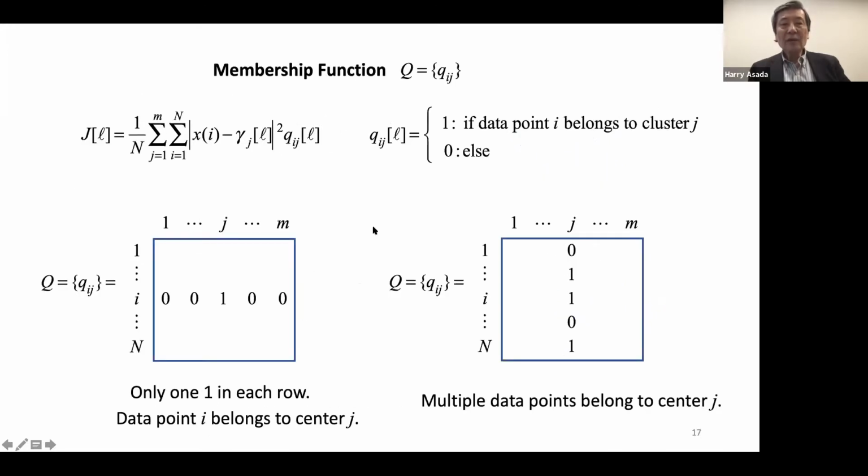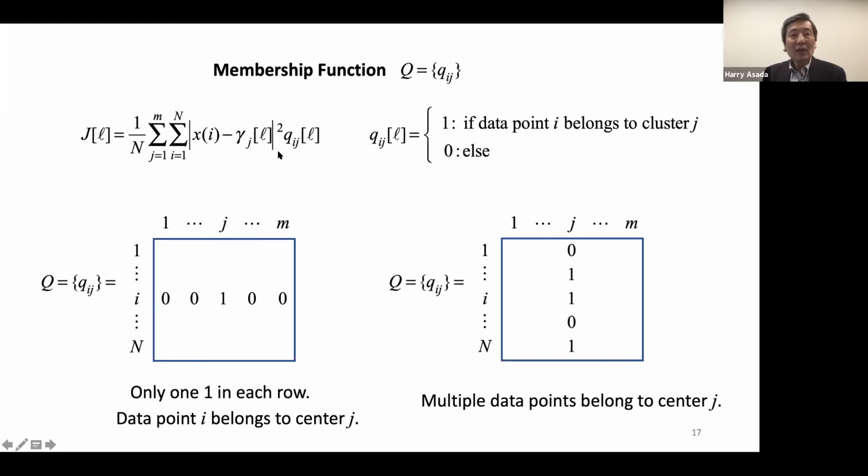Now a little bit about computing things with membership functions. Let me explain a bit more, to show how you implement this kind of algorithm in computer code. We wrote this equation, right? This is to collect the data points i that belong to center point j.